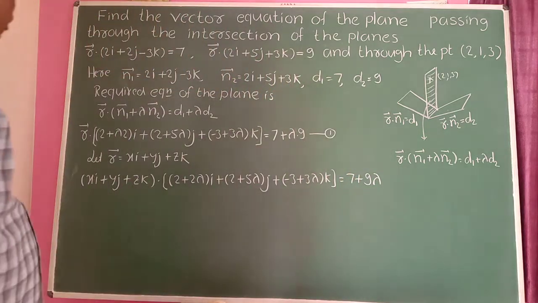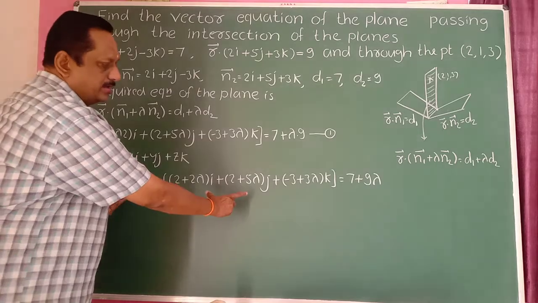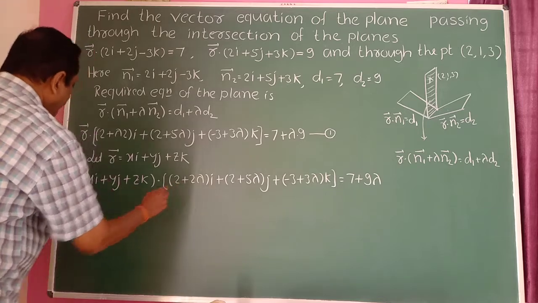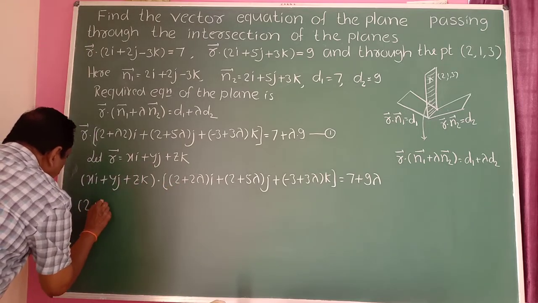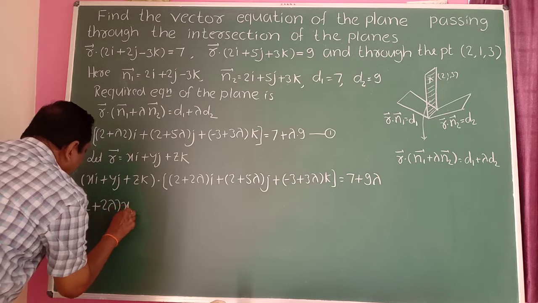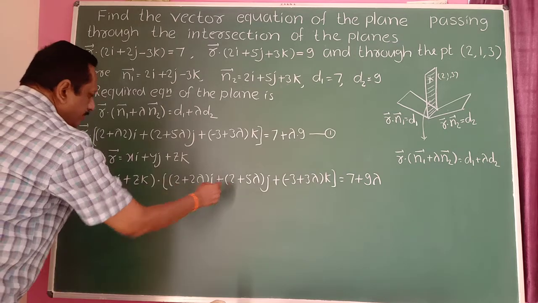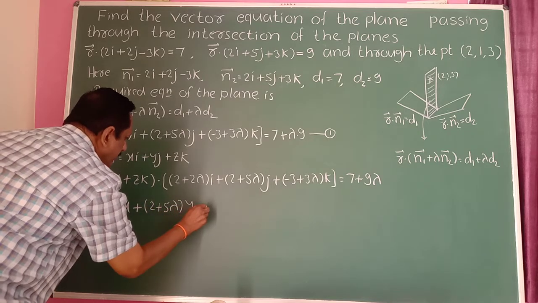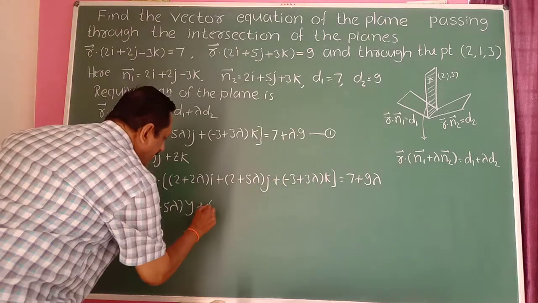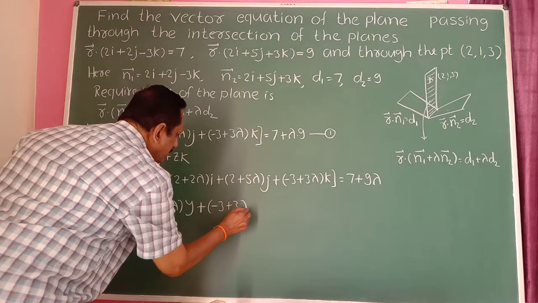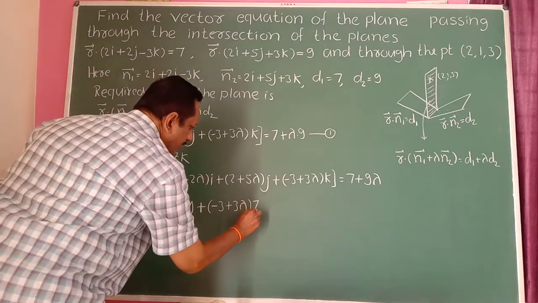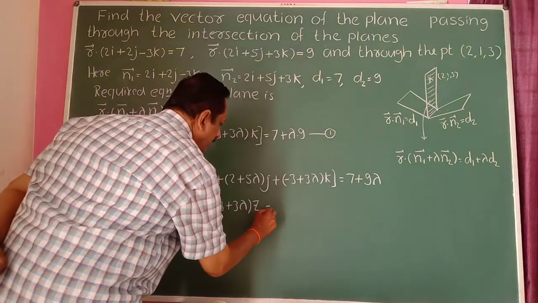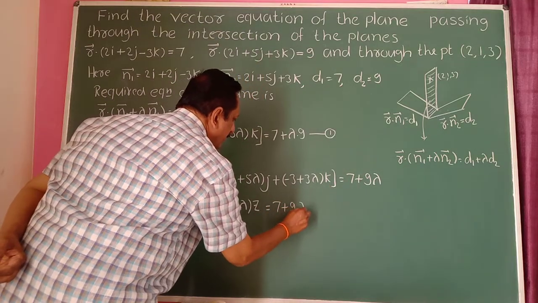This is one vector, this is another vector, and it's a dot product. Hence x into this term, (2 + 2 lambda) x, plus (2 + 5 lambda) y, plus (-3 + 3 lambda) z, is equal to 7 + 9 lambda.